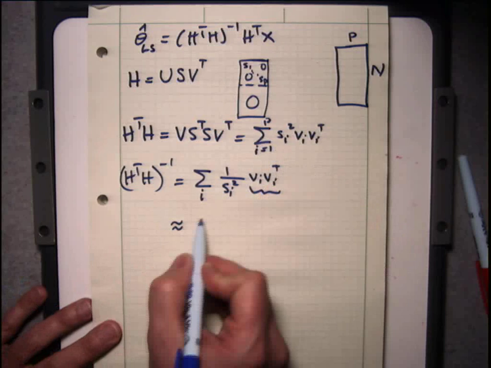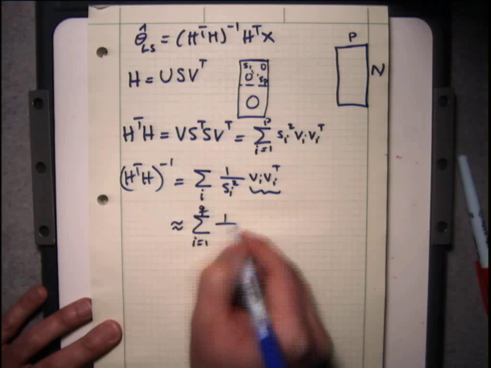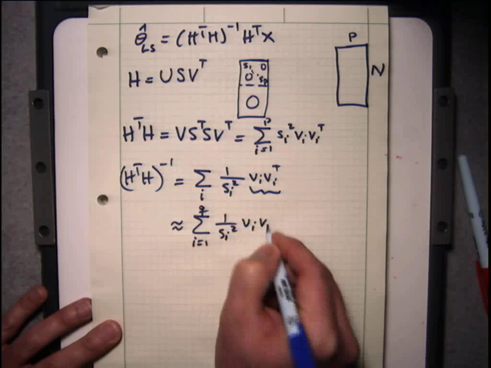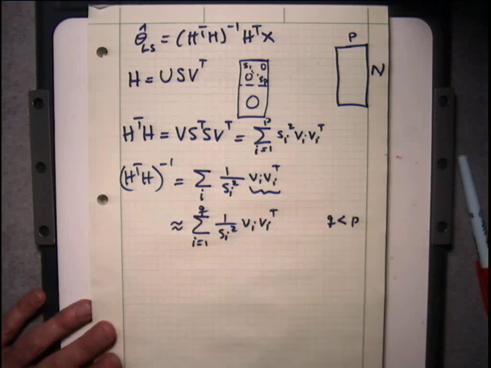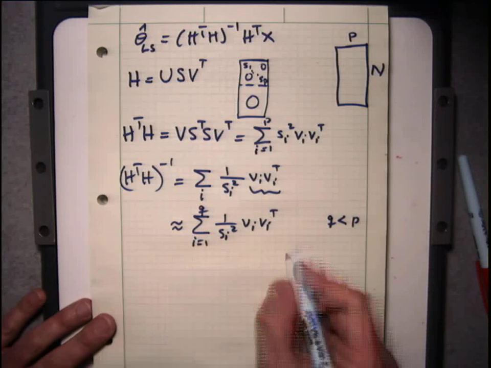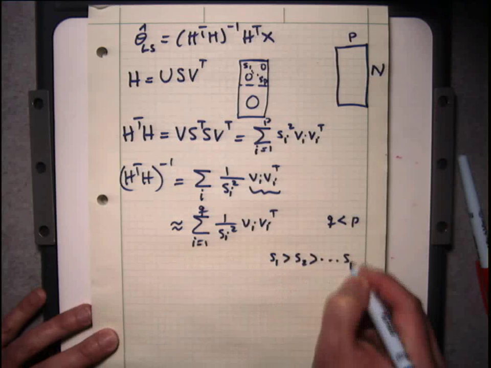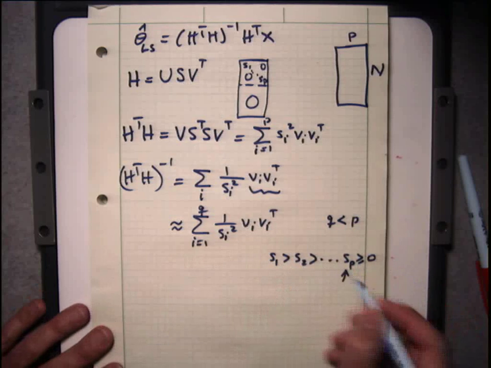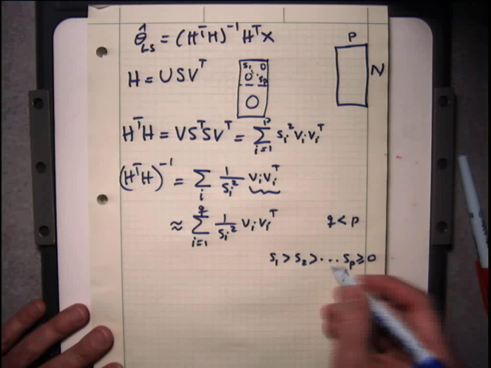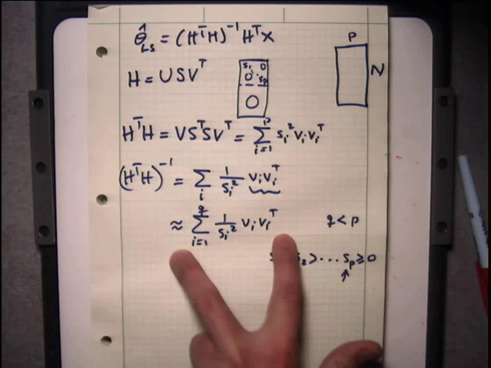So then you go from i equals 1 to, let's say, Q of 1 over S_i squared v_i v_i transpose, where Q is strictly less than P. And what this will do is it will avoid, so I'm assuming that you have S1 bigger than S2 and so on, S_P, and let's say this could be bigger than or equal to 0, right? And so this guy could be very close to 0, and maybe the last P minus Q could be very, very small. And so you just avoid them. This is one way to do it.